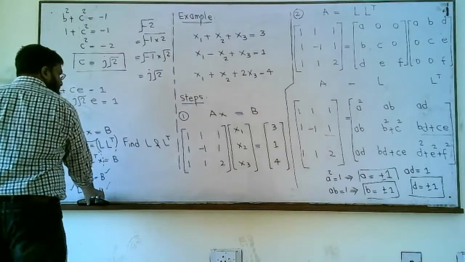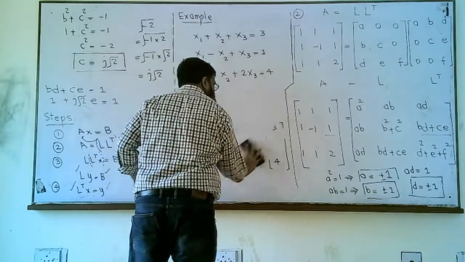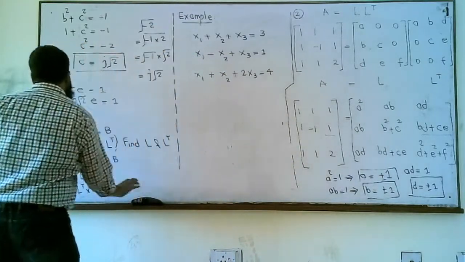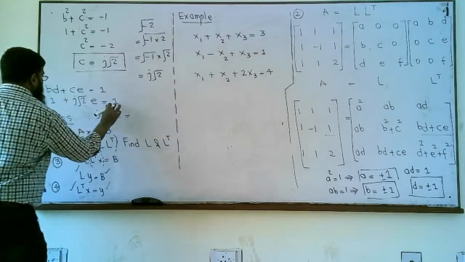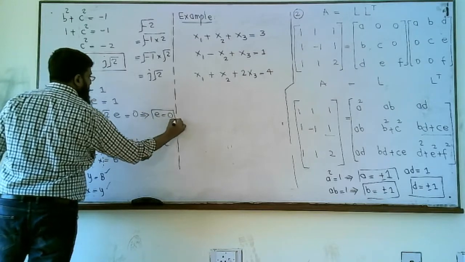Right, so let's work here. So j square root of 2 times E is 1 minus 1, which is 0, leading to E equal to 0.